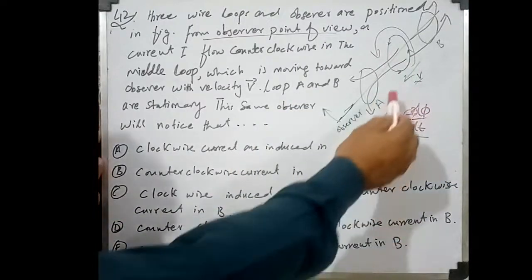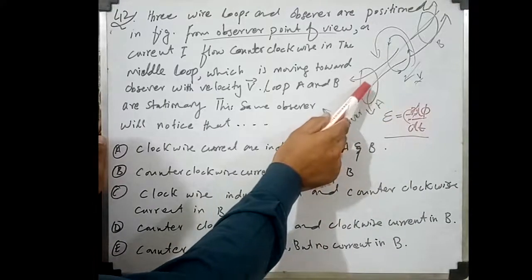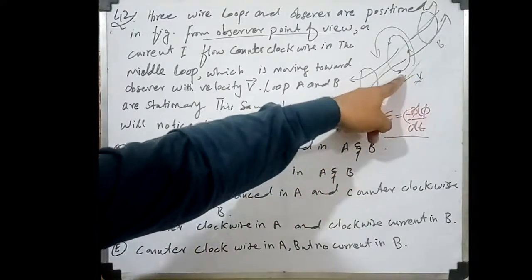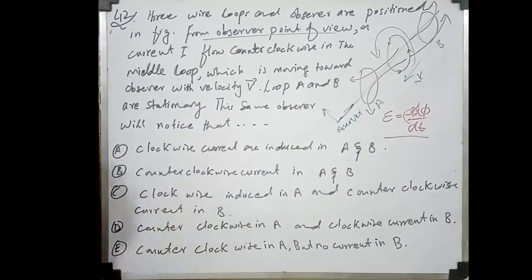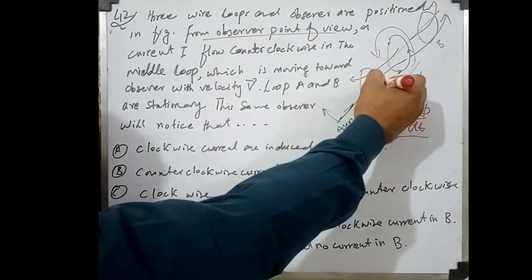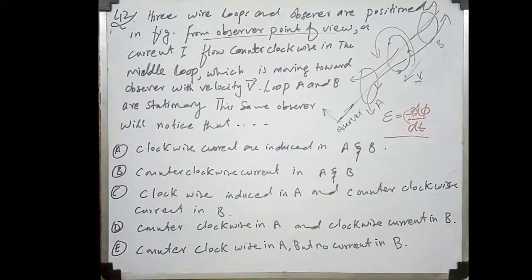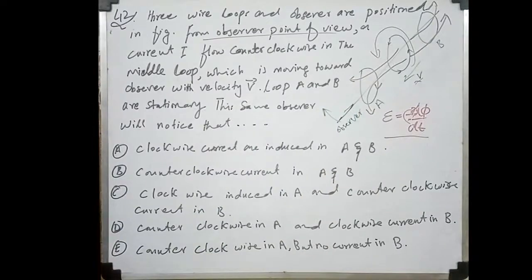Now if the loop is moving toward A, then the magnetic field lines passing through A are increasing, so the induced EMF will try to resist. The induced EMF will oppose the original one in the middle loop, such that the induced current in loop A will be in the opposite direction to compensate the change in magnetic flux.